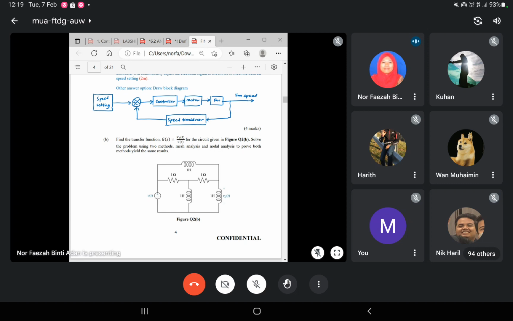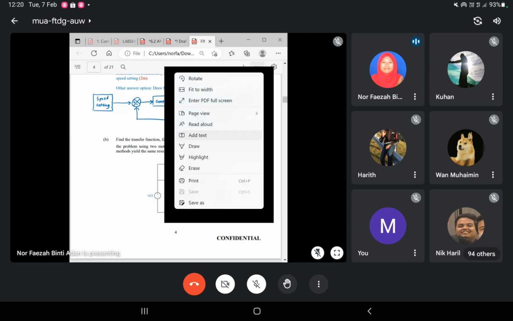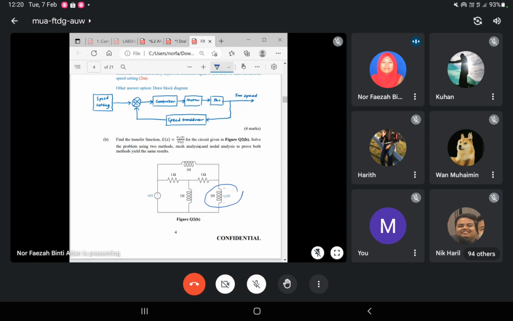Soalan dia, find the transfer function GS equals to VLS over VS. So VLS adalah the voltage across your inductor 1 Henry, and then your VS adalah input voltage, which is your supply.